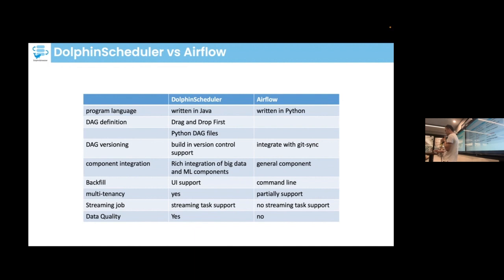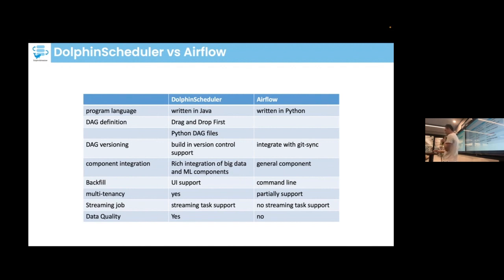And the other feature I want to highlight is that as a data engineer, sometimes we need to backfill our data pipeline, and if you're using Airflow, you can only do it using the command line. If you use DolphinScheduler, it has UI support for it.